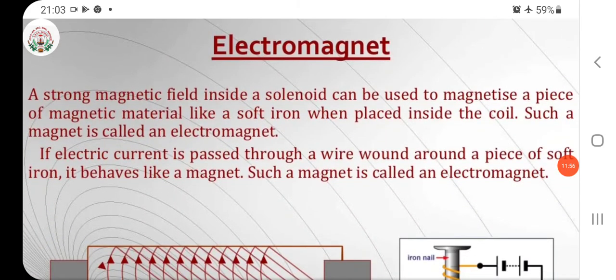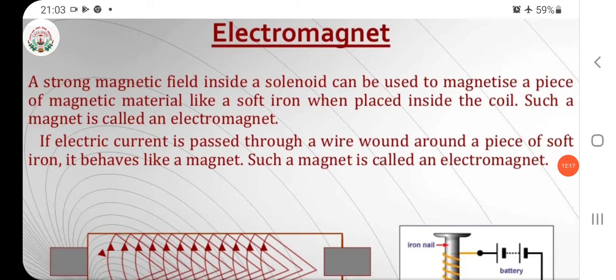Now, what is an electromagnet? A strong magnetic field inside a solenoid can be used to magnetize a piece of magnetic material like soft iron when placed inside the coil. Such a magnet is called an electromagnet.